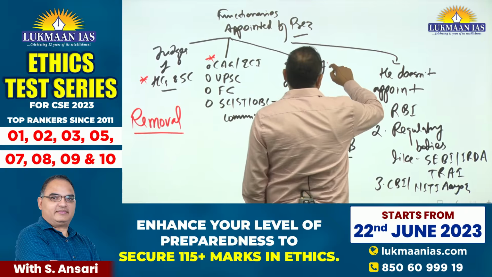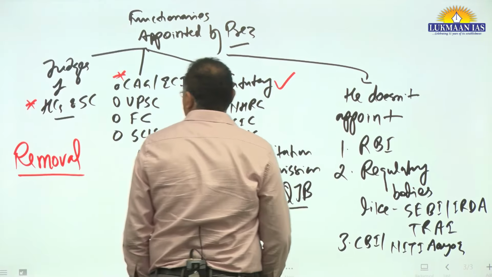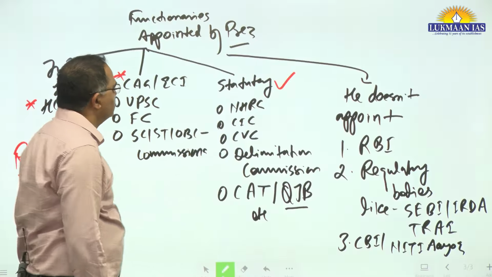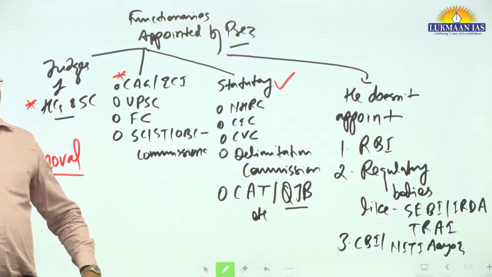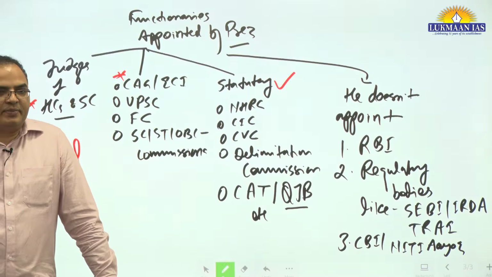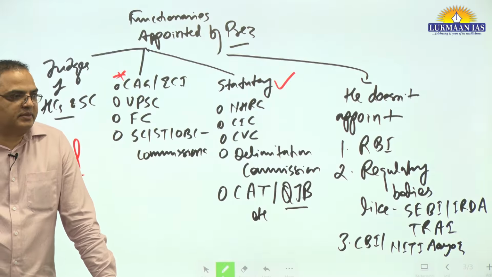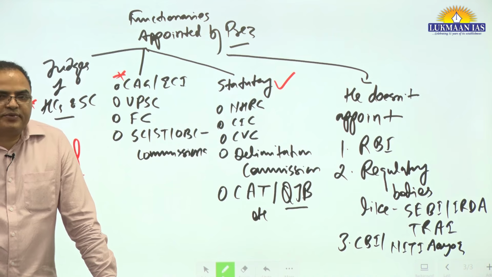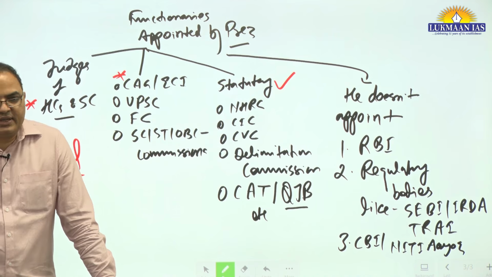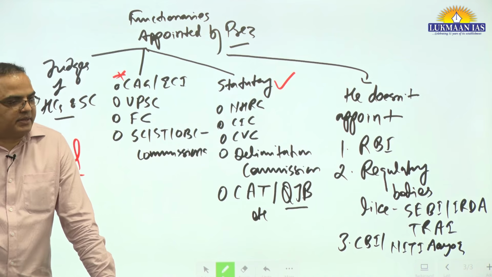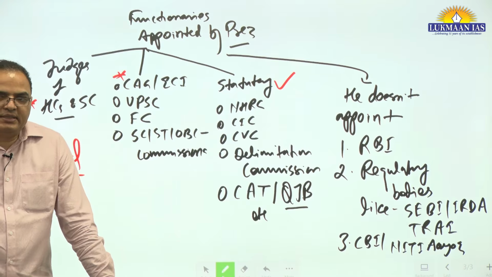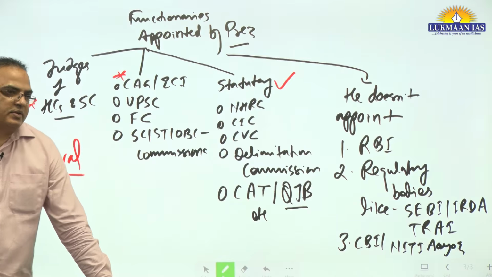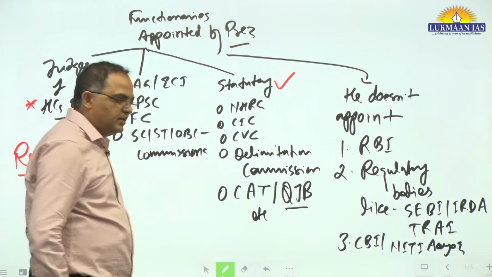It is not necessary that the functionaries he appoints, he also removes. There are some functionaries that he appoints but they are removed by Parliament. All other functionaries which he appoints, he also removes. This we should understand, isn't it?